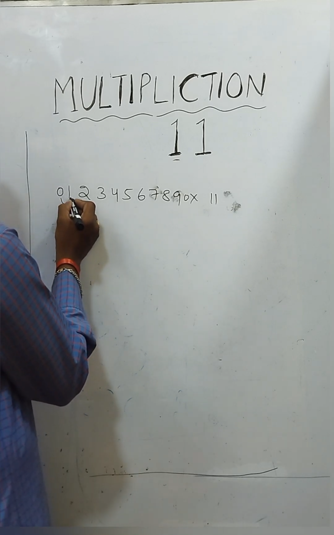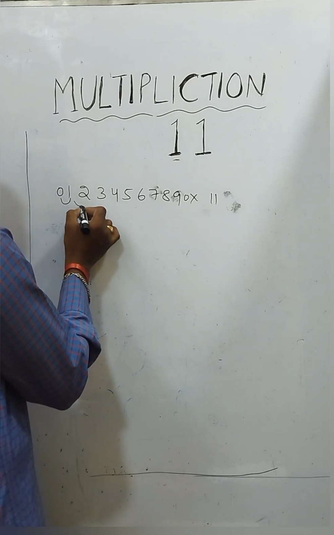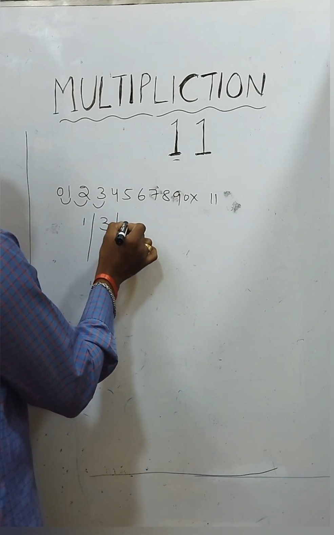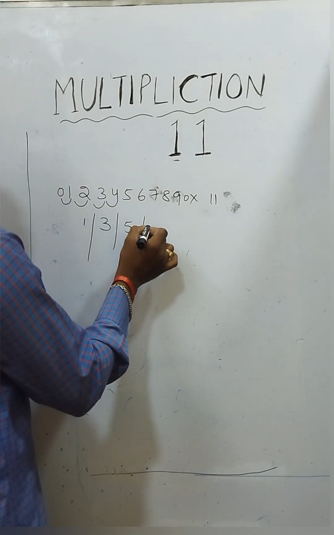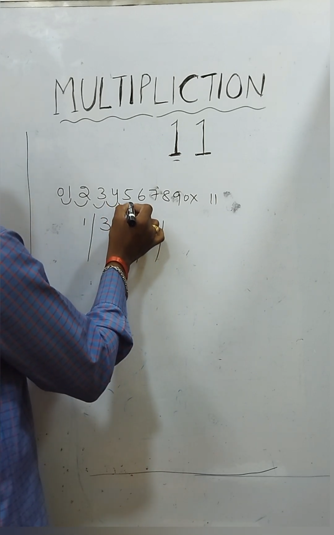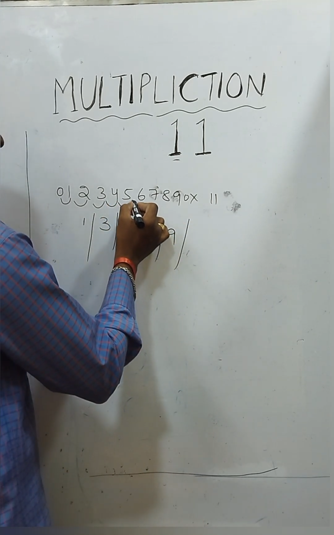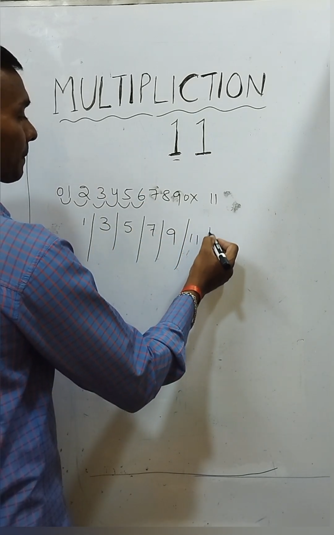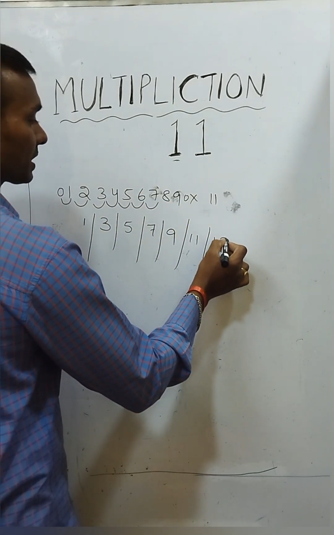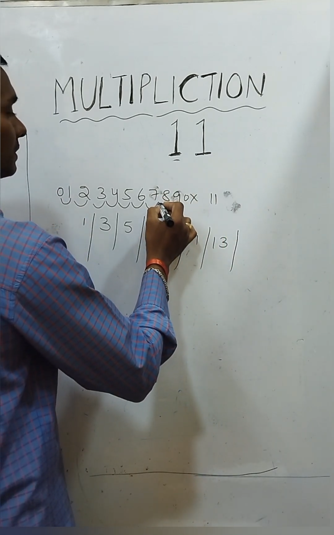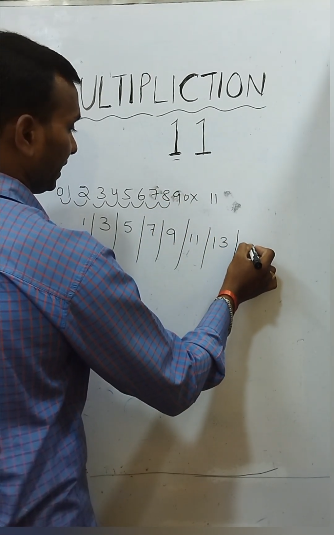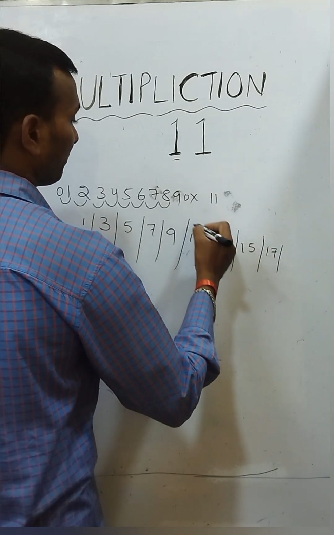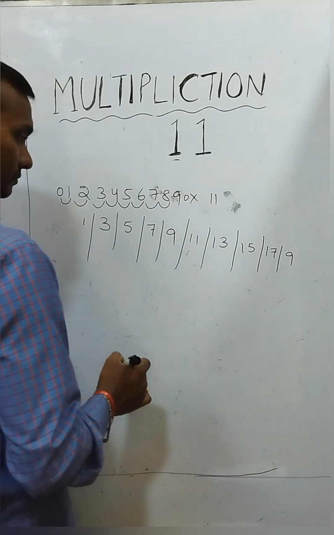Next step, 0 plus 1, 1. 1 plus 2, 3. 2 plus 3, 5. 3 plus 4, 7. 4 plus 5, 9. 5 plus 6, 11. 6 plus 7, 13. 7 plus 8, 15. 8 plus 9, 17. 9 plus 0, 9.